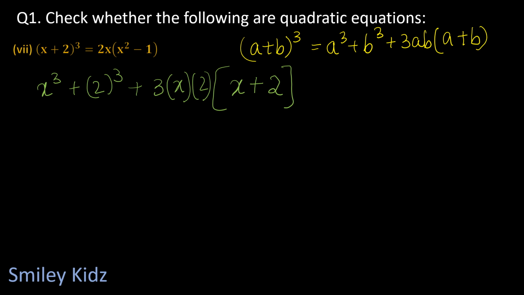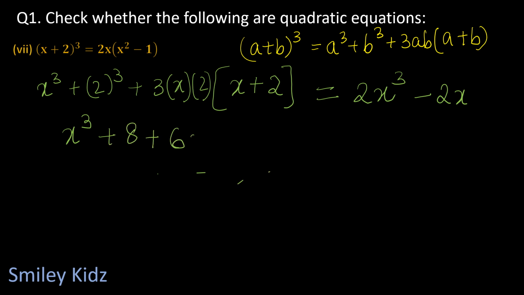Now what about the RHS? Which is equal to 2x cube, isn't it? 2x multiplied by x square will give you 2x cube. Then we have 2x into minus 1, which is minus 2x. Now simplify the LHS and RHS both. So x cube plus 8 plus 6x multiplied with x plus 2 equals to 2x cube minus 2x.